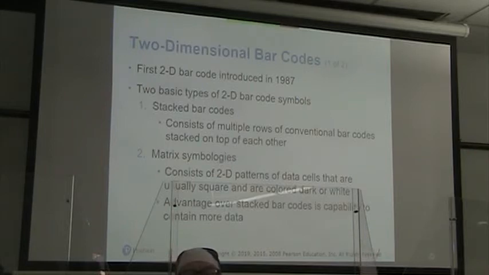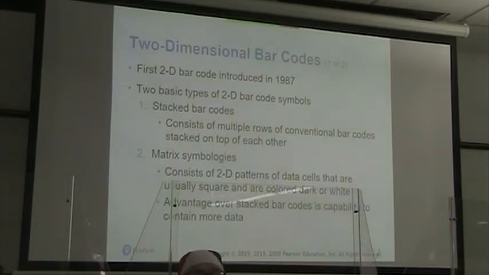All right, so we saw the first 2D barcodes in 1987. The basic types of 2D barcode symbols.